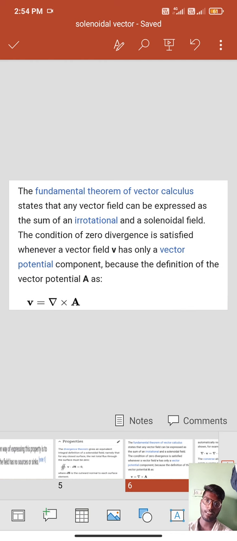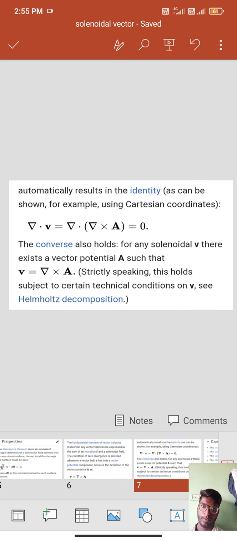The condition of zero divergence is satisfied whenever a field V has only a vector potential component, because the definition of the vector potential A is V = ∇ × A, meaning the curl of A. This automatically results in the identity, as can be shown, for example, using Cartesian coordinates: ∇·V = ∇·(∇×A) = 0.